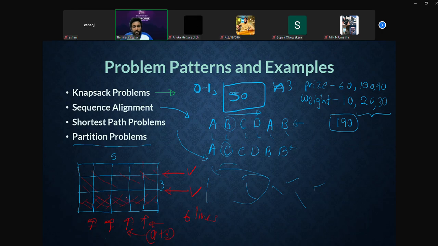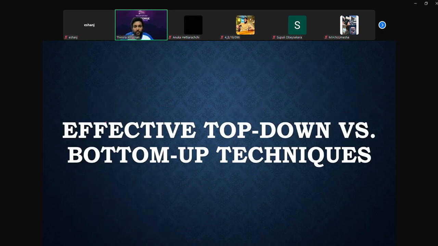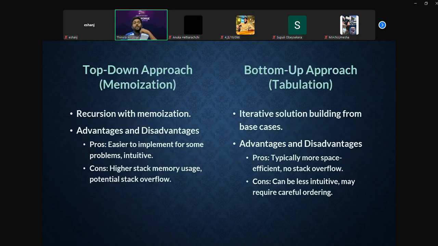This is another example where you have to partition something, right? Okay, then I will go into that space management question and the top-down versus bottom-up approach. I already told what these two approaches are. The top-down has recursion with memoization.